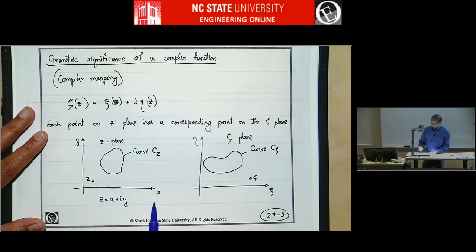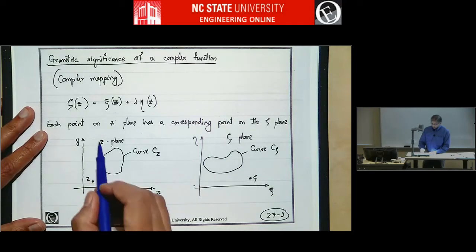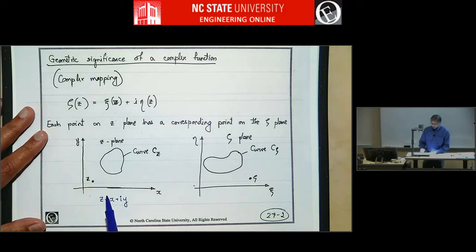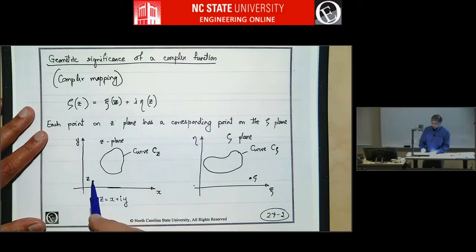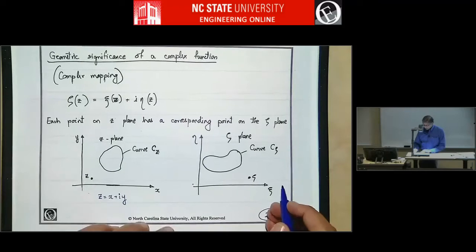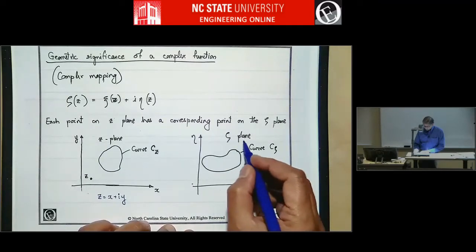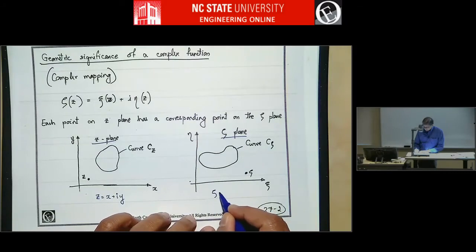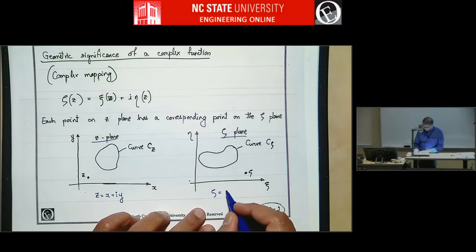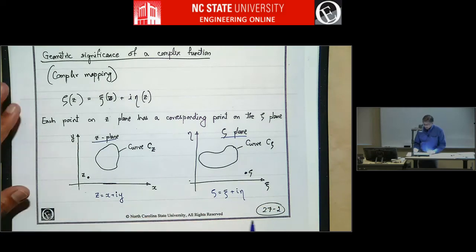If you map the complex function zeta of z and put it on the zeta plane, so this is the zeta plane, this is the z plane. So zeta is psi plus i eta, right?